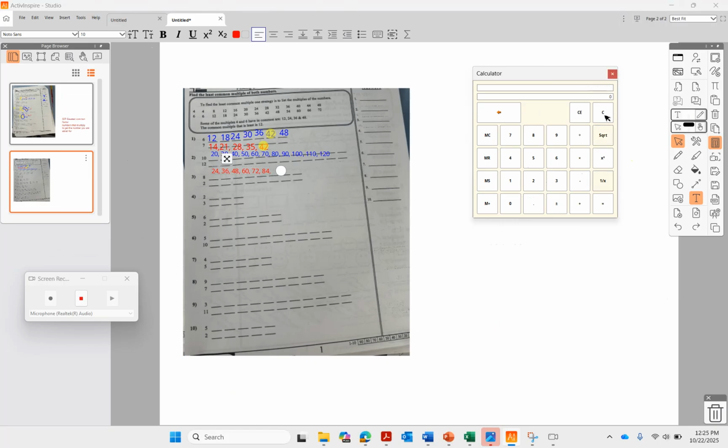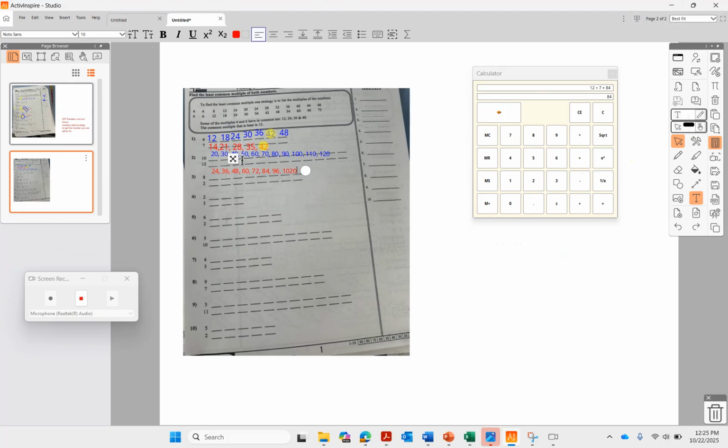Let's try that. 12 times 7 is 84. 12 times 9, 96. 12 times 10, 120.